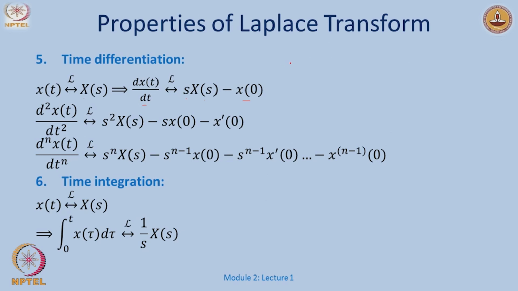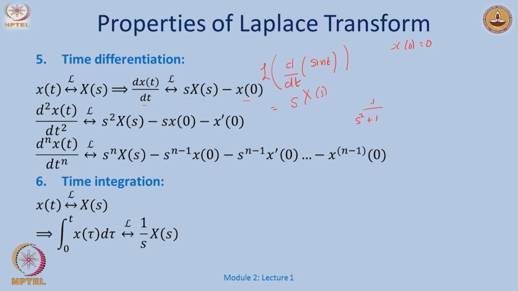So, let us say I start with sine of t, for which I know that the Laplace transform is 1 over s square plus 1. Okay. Now, the Laplace transform of d/dt of sine t, with this formula, assume that x of 0 equals 0 for simplicity, would simply be s times x of s, right.